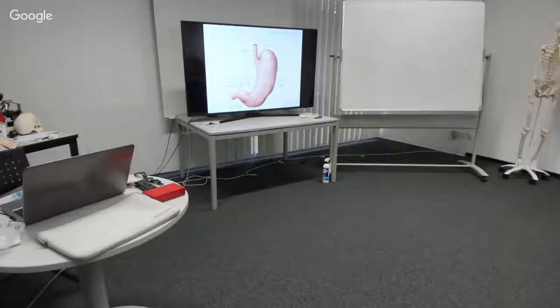What is the purpose of dividing the stomach? And the purpose is related to the different structure we find in several parts of the stomach. Let's think about the function of the stomach. Because I told you, we start the digestion in the oral cavity, which is mechanical, and that ends in the oral cavity.